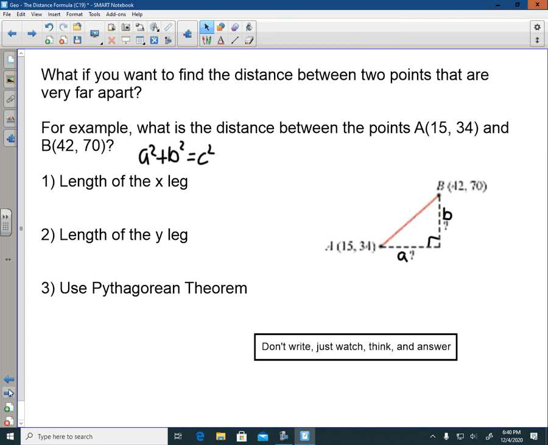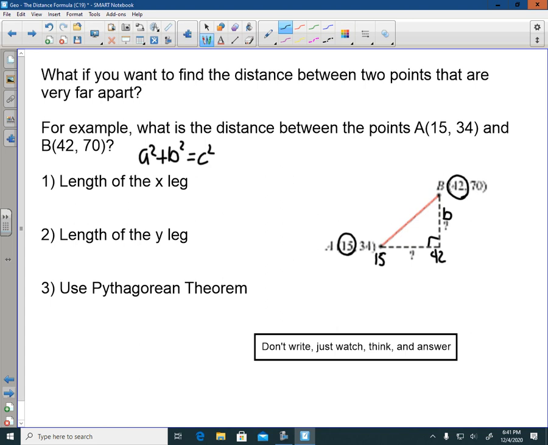Let's take a look at A. If I want to find its length, I can notice that there are two x values here. There's a 15 and there's a 42. So 15 is the x value at that point, and 42 is the x value at that point.